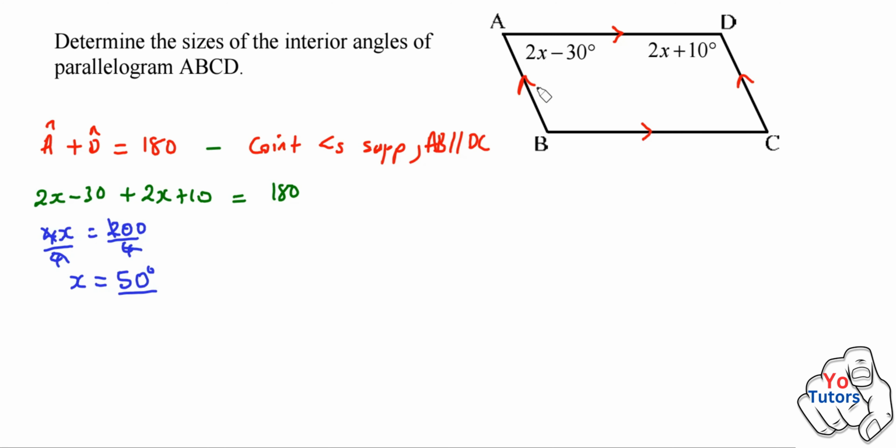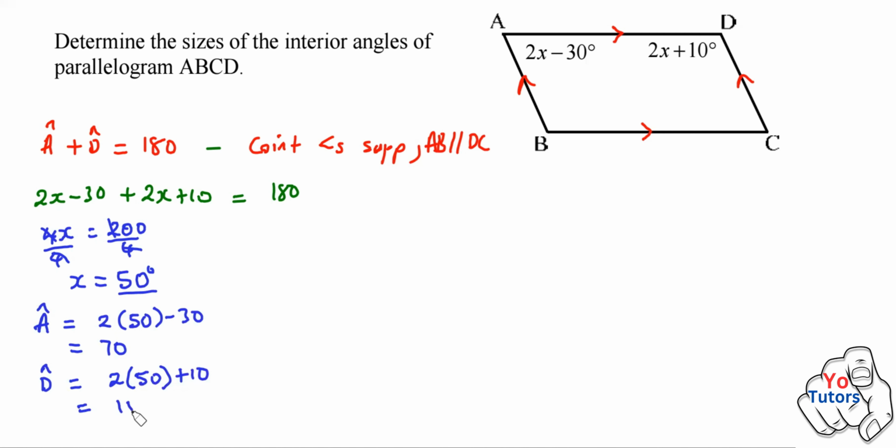Now we can substitute and say A is equal to 2 times 50 minus 30, which gives us 70. What about D? D is equal to 2 in brackets 50 plus 10, that will give us 110.